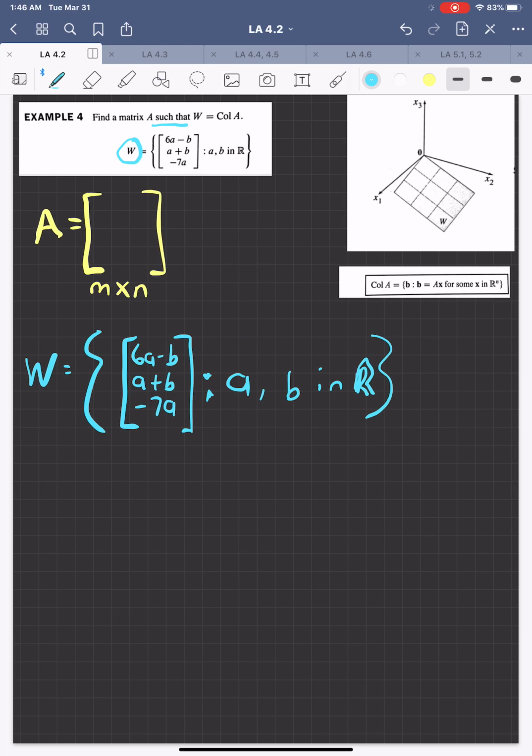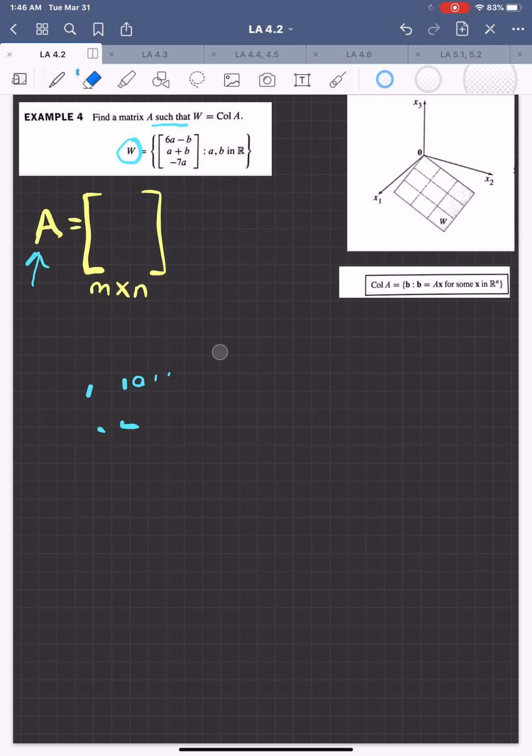You have W, and you're trying to figure out what matrix A has the column space W. How do we begin? Let's think of W slightly differently.